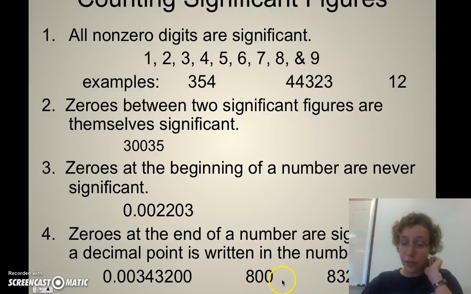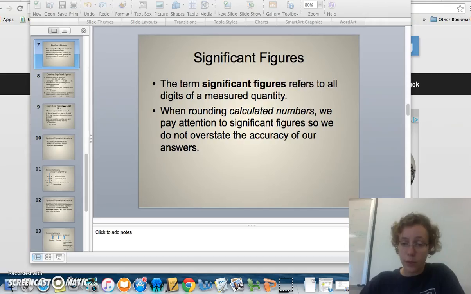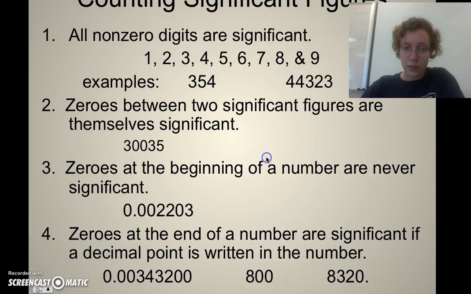Here, we've got 800, but we don't have a decimal. So only the 8 counts. So we only have one significant figure in 800. Now, if we look at this number, the 8,320, see this little decimal point right here?